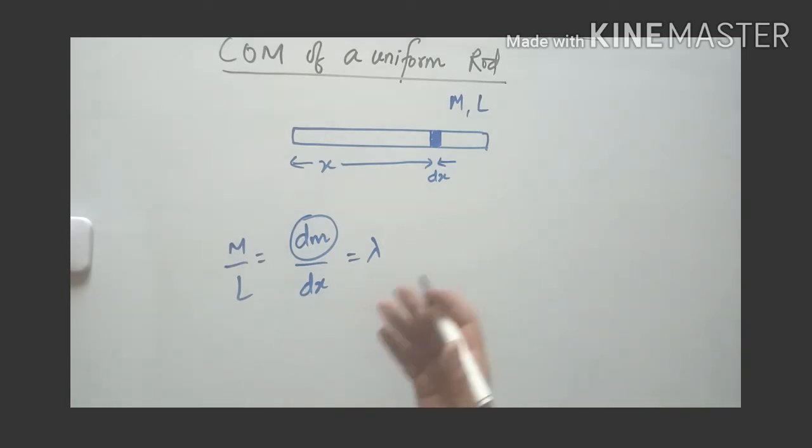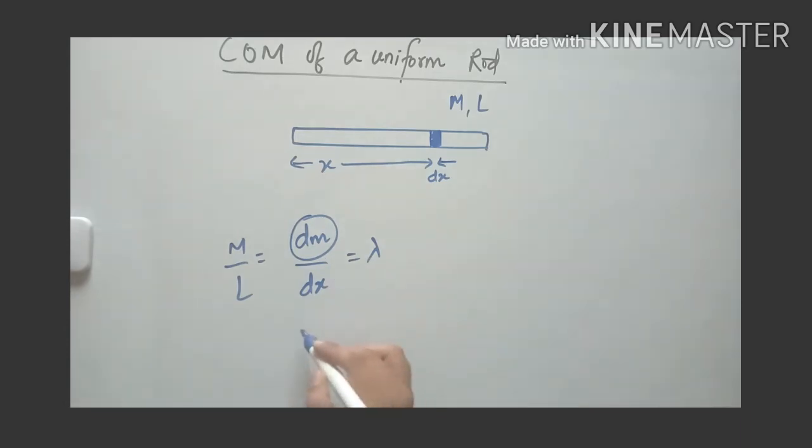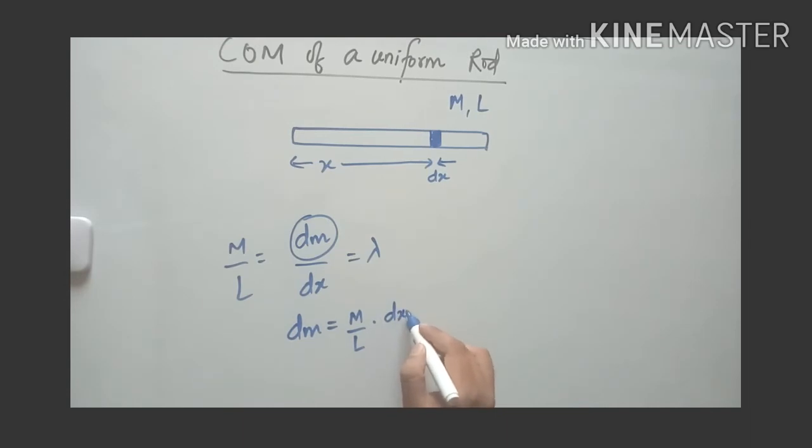In this case it's a uniform rod, so it's distributed as mass per unit length, m by L, or dm by dx, dm being an elementary mass and dx being the elementary length. So dm comes out to be mass per unit length into the required length dx, that is m by L into dx.